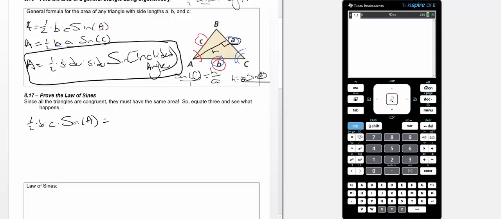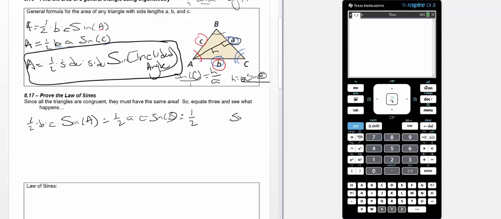If I look at it from a different angle's perspective and I write the area formula down, it should still have the same area. So how about instead, if I look from angle B's perspective, then I need a 1/2, and then the two sides that angle B is included between are A and C. And lastly, from angle C's perspective, this again is the same triangle, so it should have the same area.